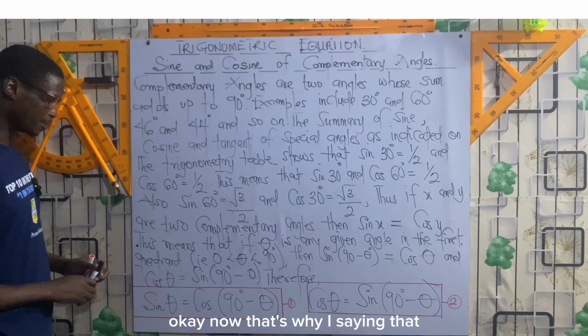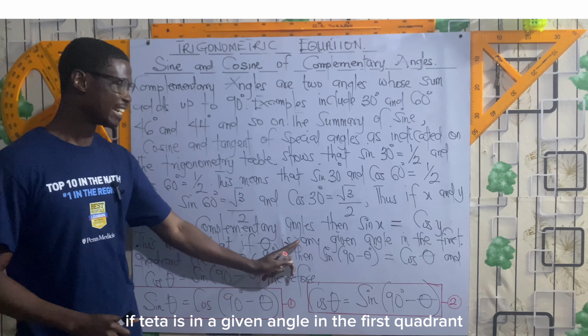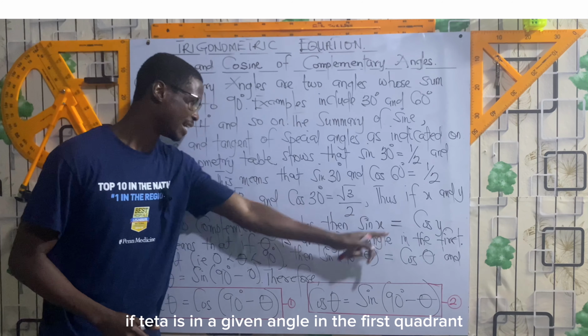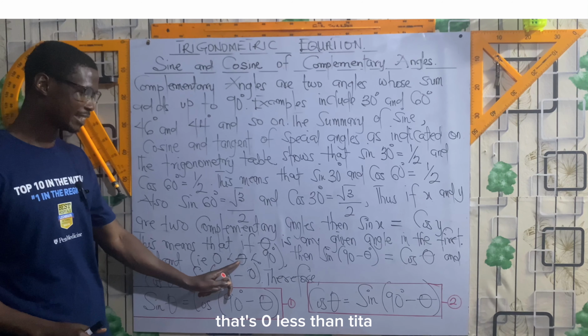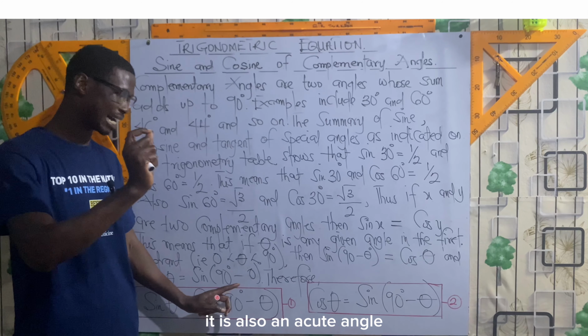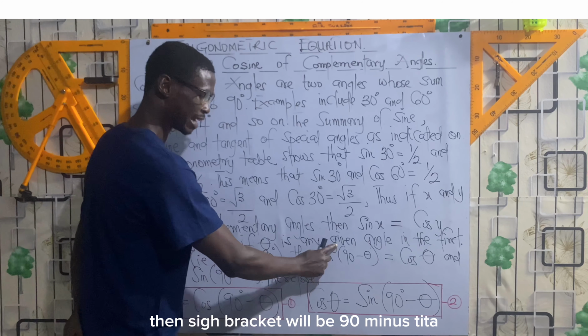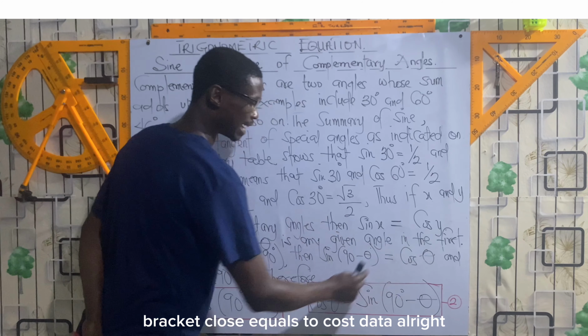That's why I'm saying that if theta is any given angle in the first quadrant, that is, 0 less than theta less than 90 degrees, it is also an acute angle, then sine of (90 minus theta) equals cos theta.